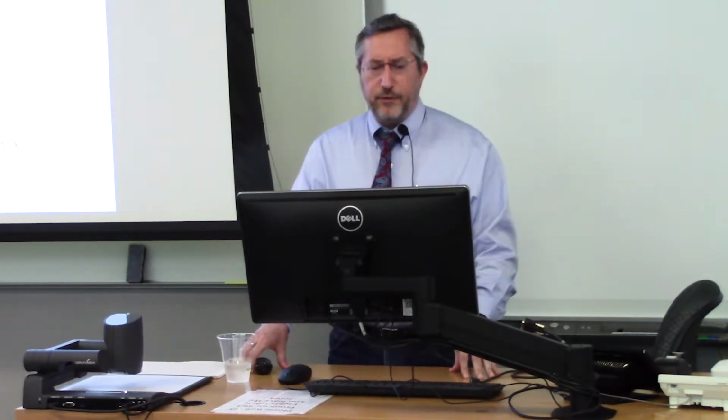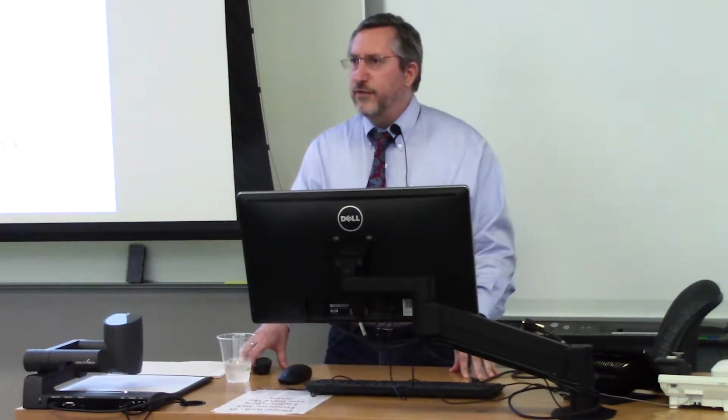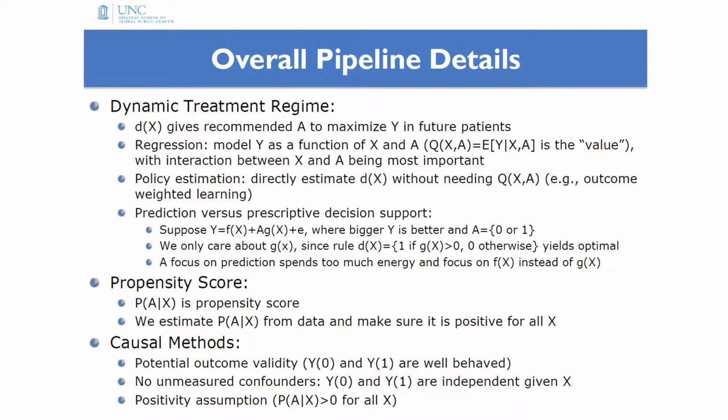So the dynamic treatment regime is a function of X that gives us an algorithm for how to treat A, to maximize Y, or if it's a multivariate Y, to achieve some optimal outcome in terms of Y based on how we're deciding to balance and constrain the different outcomes. A very standard approach is to use regression modeling of some kind.